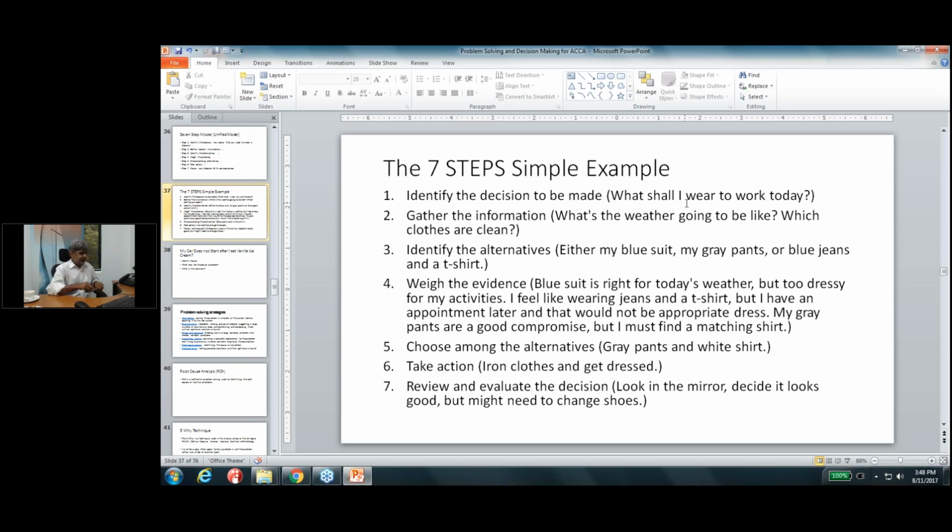So, okay, fine. But if we go through the steps, not only of this problem but of any problem that we need to look at. What actually happened is that the problem was identified. So we have to identify the problem. This is your step number one. We identify the decision that needs to be made.